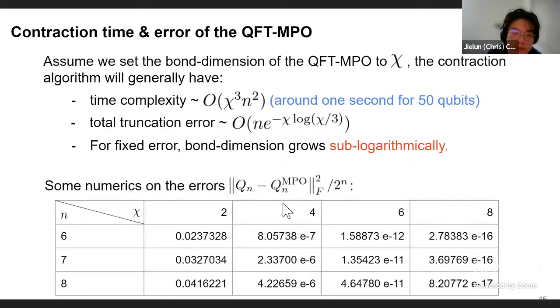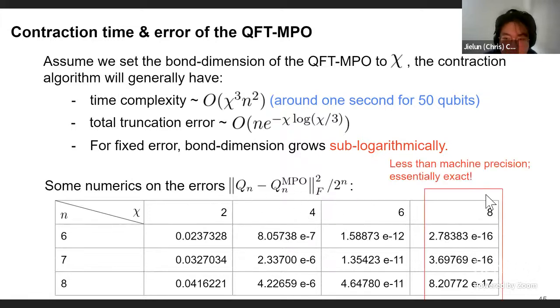So these are some remarks on the error. In the rows, the number of qubits increases from 6 to 8, and in the columns, the bond dimension increases from 2 to 8, and we calculate this quantity to represent our error.